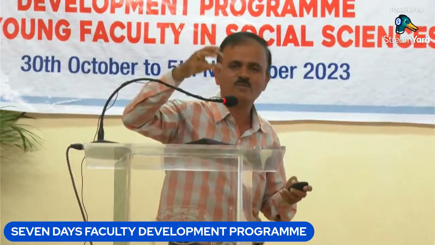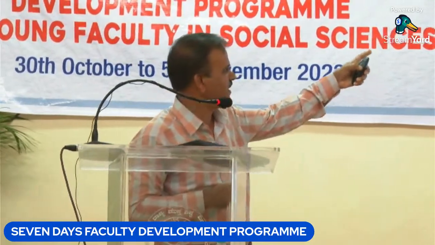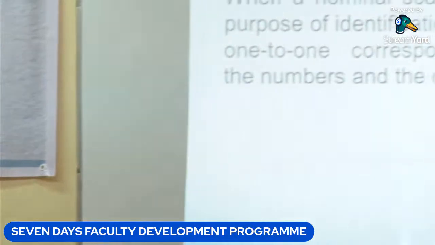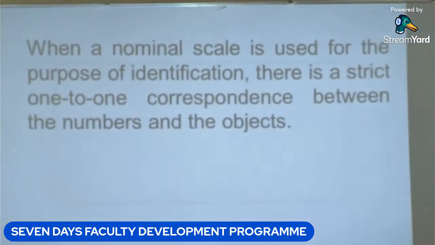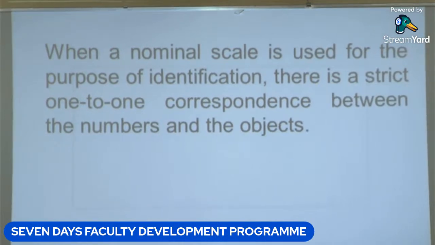So the main purpose of these types of variables included in our questionnaire is just to identify that, and there is a strict one-to-one correspondence between the numbers and the objects.